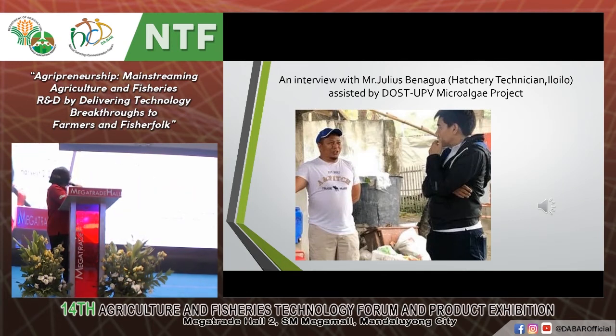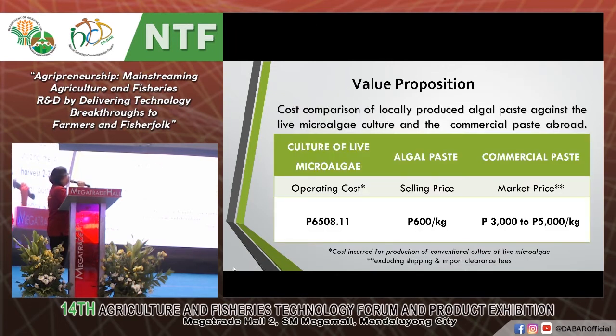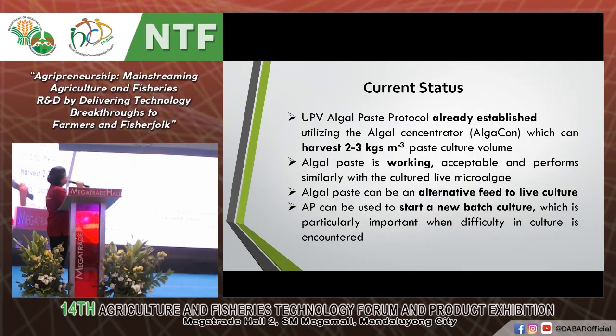Okay, ito napakita ko naman po the current status. The algal concentrator has already been established. We have developed the algal concentrator. It's a utility model which can harvest 2 to 3 kilograms per ton of culture volume. So before mga 1:1, ngayon naka 1:3 kami sa production namin ng paste.